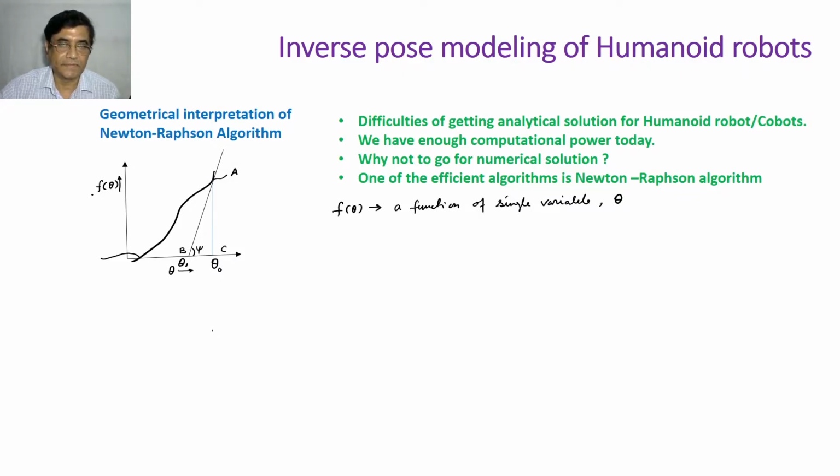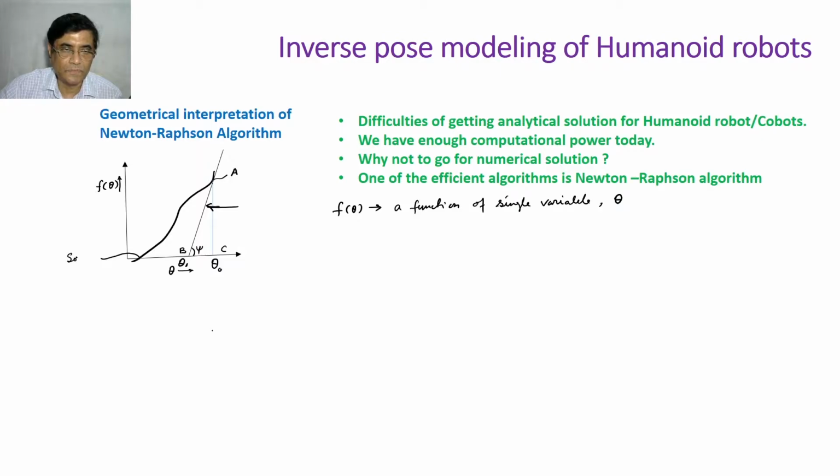So pictorially, we are trying to make you understand the Newton-Raphson method geometrically, right? Or you can say that what I am going to discuss now is the geometric interpretation of the Newton-Raphson algorithm. If this is my function, we try to develop an algorithm so that we start from somewhere. Say this is my initial theta value, which is theta 0, and we will try to move in this direction, because pictorially, as you see, the solution lies here, right?